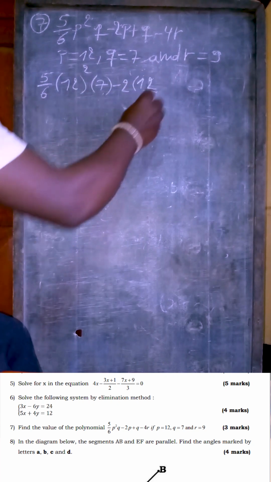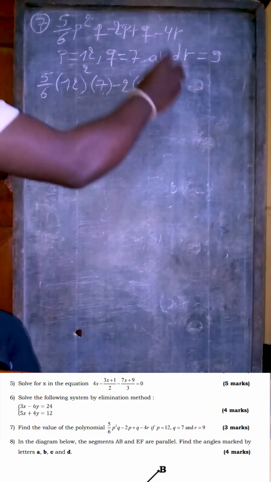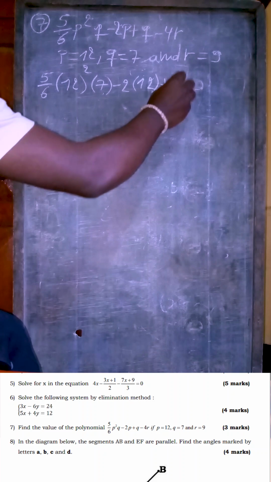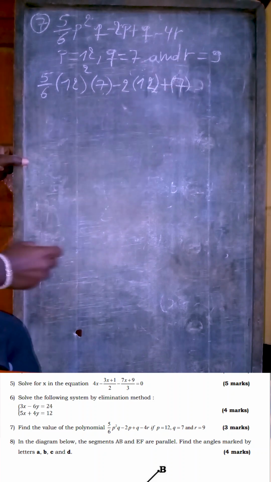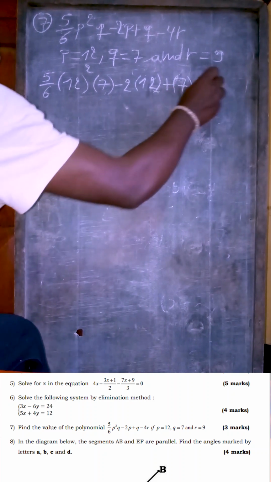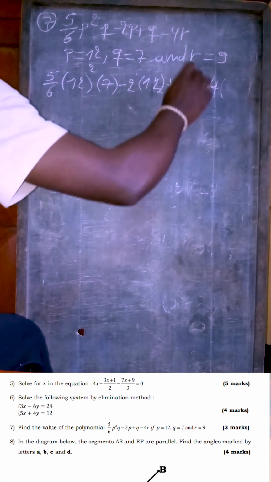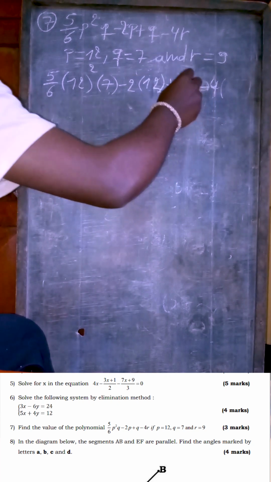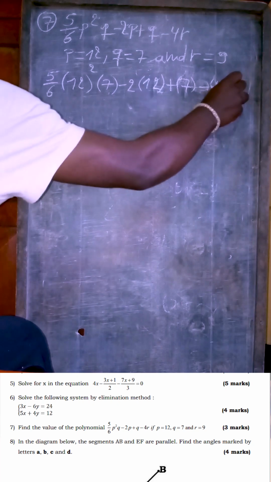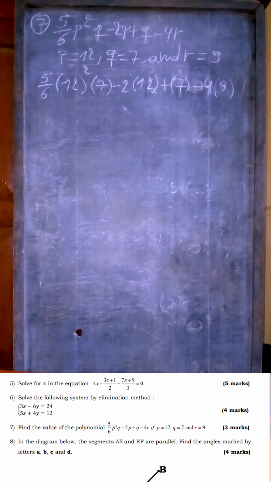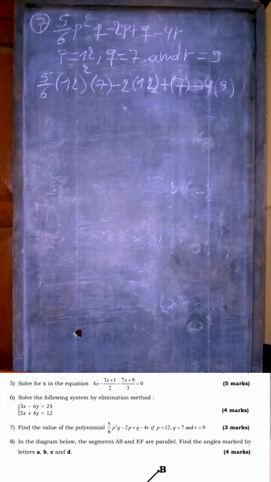Then plus q, q as 7, and minus 4 times r, as 9. And after this, let us do everything.